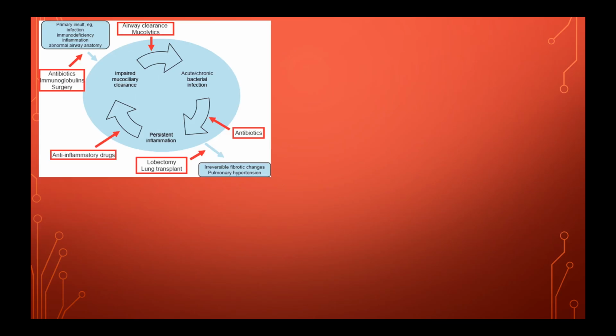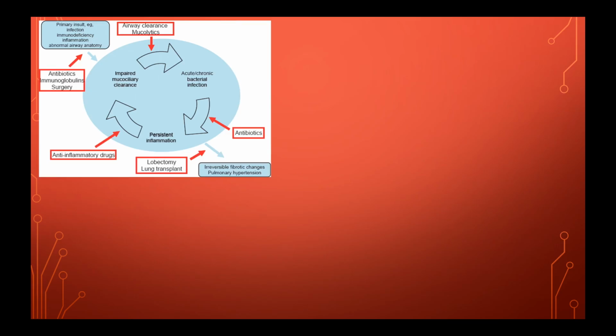And this picture shows the cyclical events that happen. The patients have acute or chronic bacterial infection that may lead to persistent inflammation, that may lead to impaired mucociliary clearance. So if this pathology is understood, we can treat the infection by antibiotic, and we can do airway clearance by mucolytic agents.